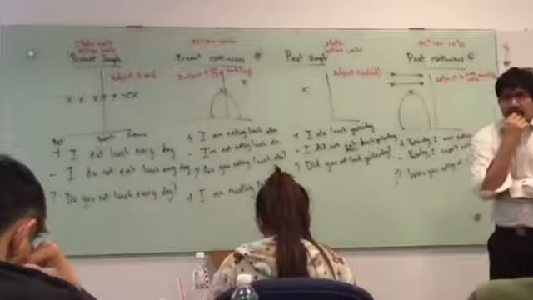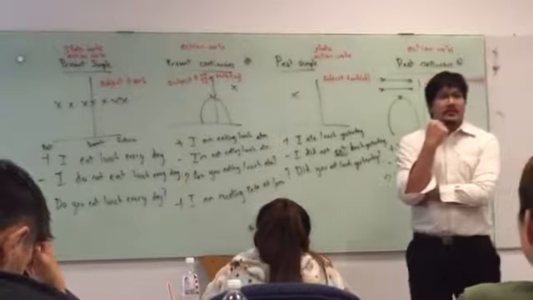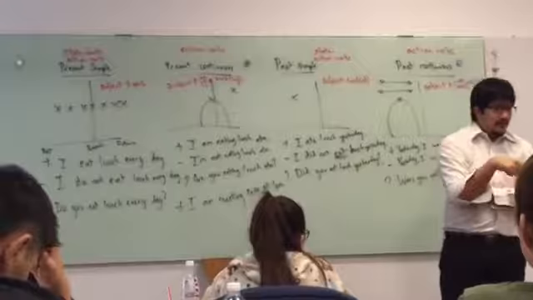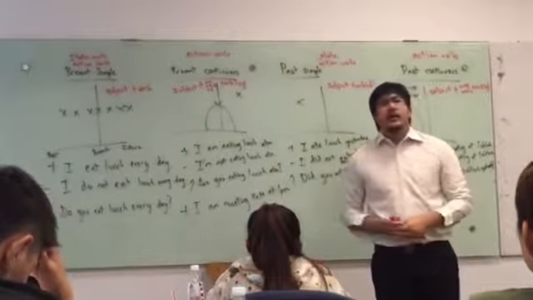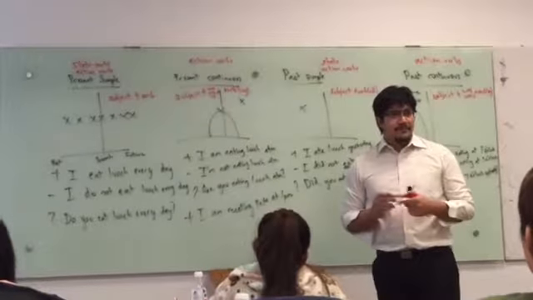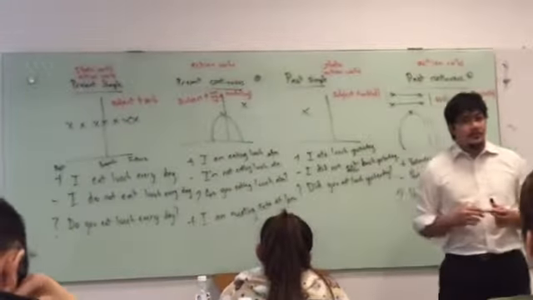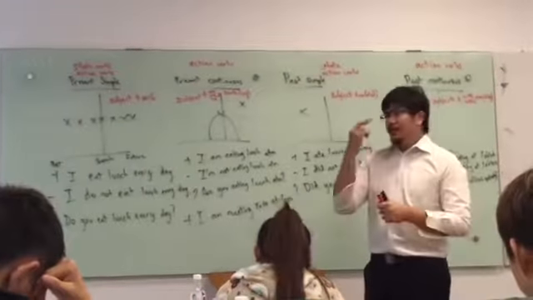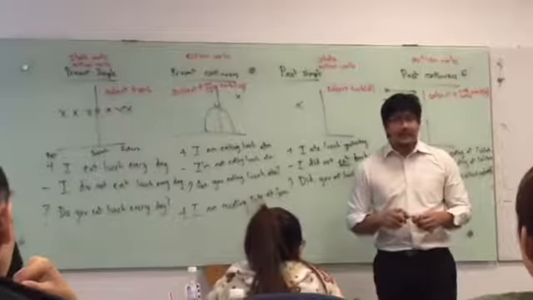Could someone give me a state verb please? Feel. Feel, very good, one more. Think is a bit close. Understand, that's a very good one. Feel, understand. Believe is another one. Right, and what about an action verb? Kick, and maybe jump. Right, so an action verb is something that you can see someone doing, and a state verb is something that you can't see someone doing.